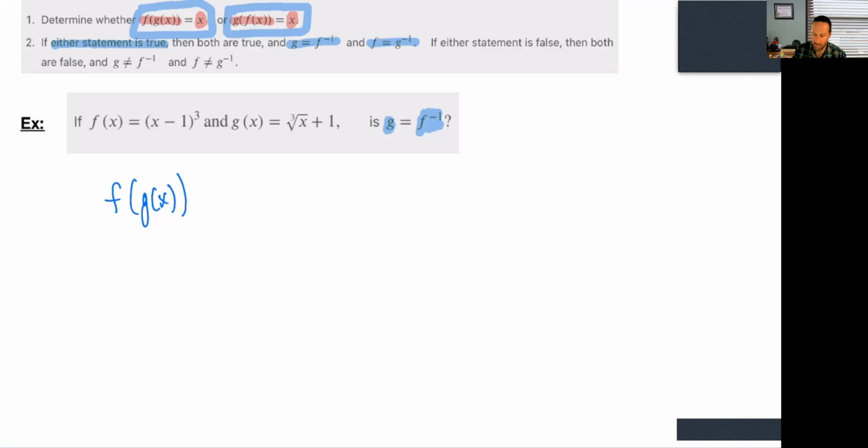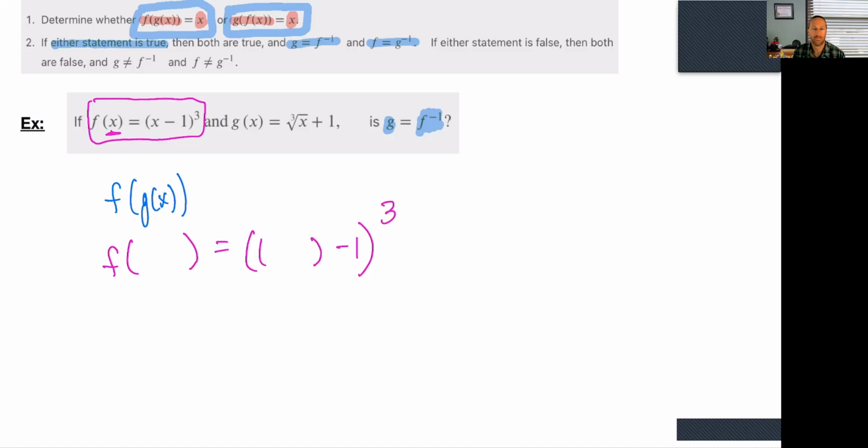And if you remember from when we were doing these in the previous video, f of something is equal to that thing minus 1 cubed. And unfortunately, they didn't want us to just plug in an x. They wanted us to plug in an entire other function, g of x, which is cube root of x plus 1.